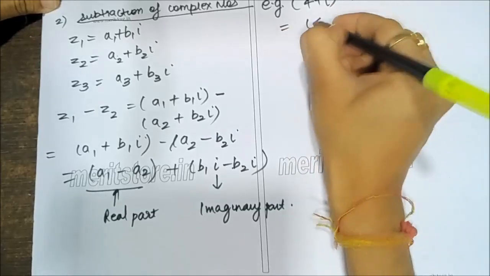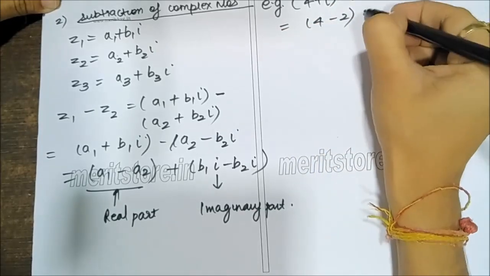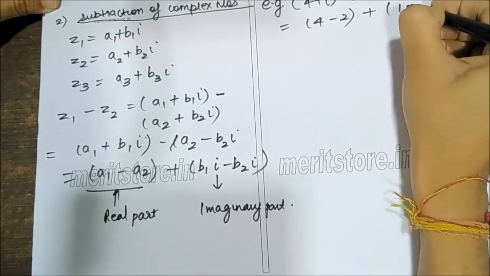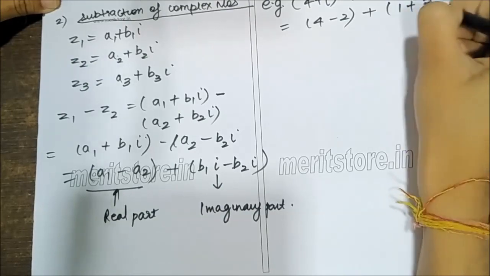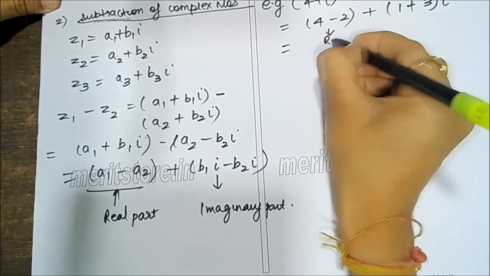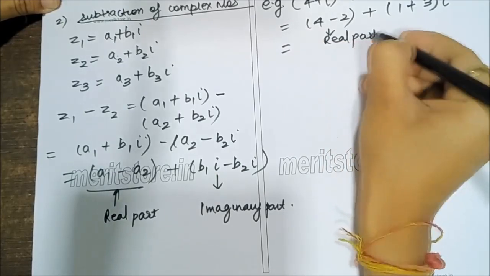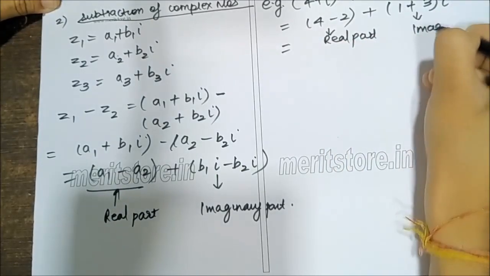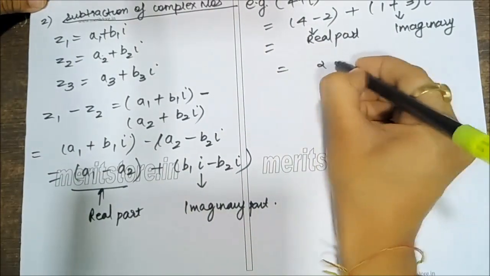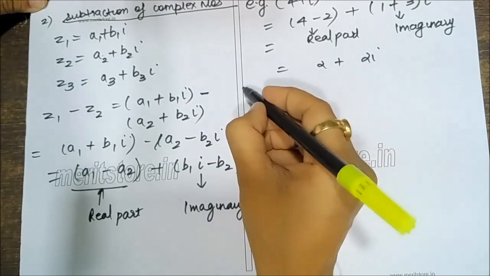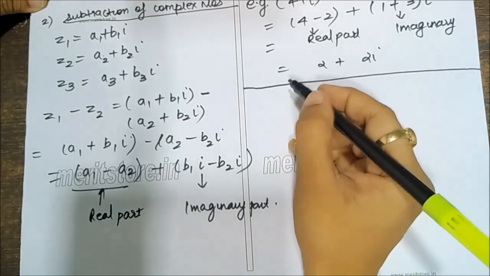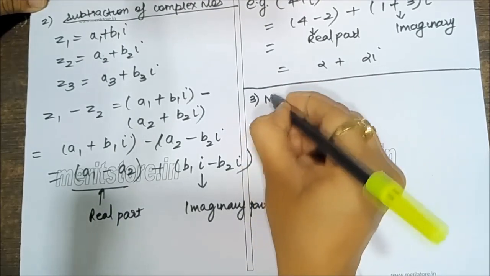So here 4 minus 2 plus i plus 3i. You are taking real together, imaginary together. So 2 plus 4i. Next is your multiplication.